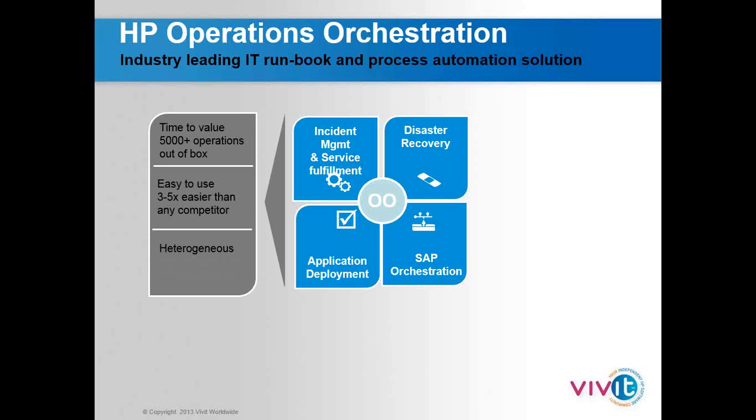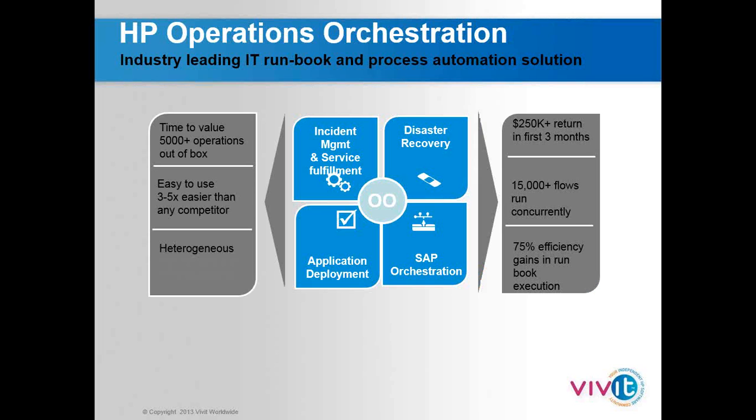Now, how is that done? Let us also look at that. It is done using the capability of HP's operations orchestration, the out of the box operations which are available. Let me help you understand what an operation would mean.